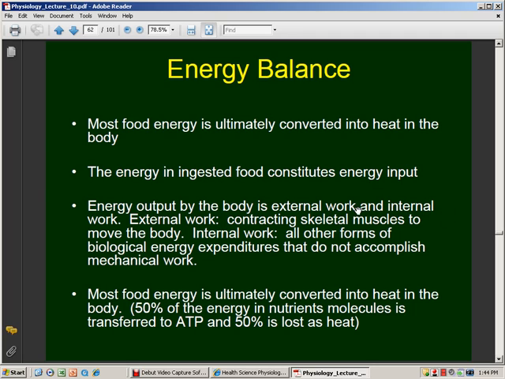So external work, contracting muscles; internal work, all other forms of biological energy expenditures. And down here at the bottom, most of the energy is ultimately converted into heat. Our bodies are really efficient machines, but we're not perfect machines. So when you're actually doing work, about 50% of the energy is being transferred to ATP. The other 50% is just burned off as heat.